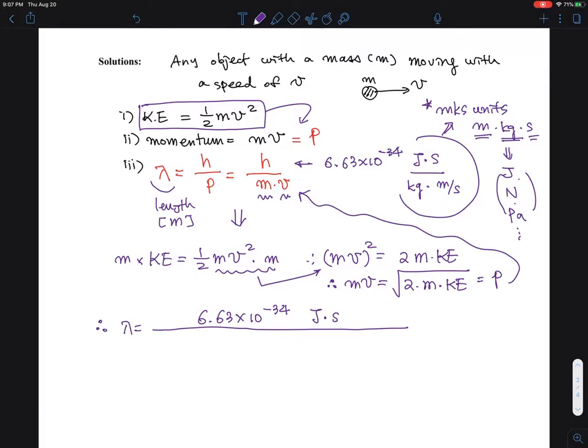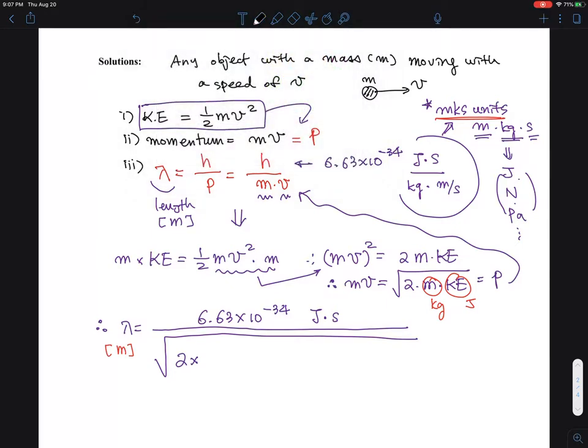Then here we take the square root of 2 times the mass times the energy. This unit must be kilograms, and this unit must be joules. That's the rule: stick to the MKS units, and you'll get the answer for lambda in meters.